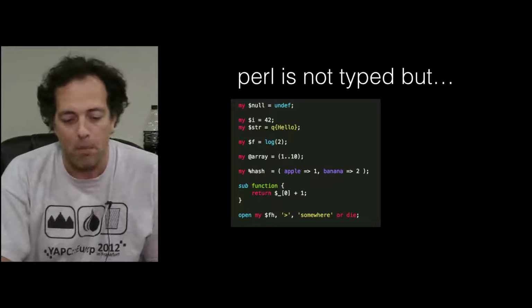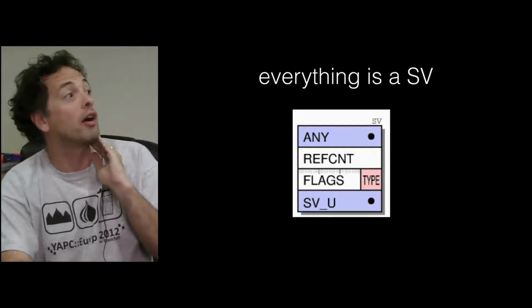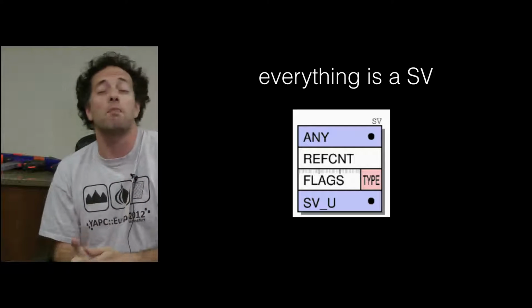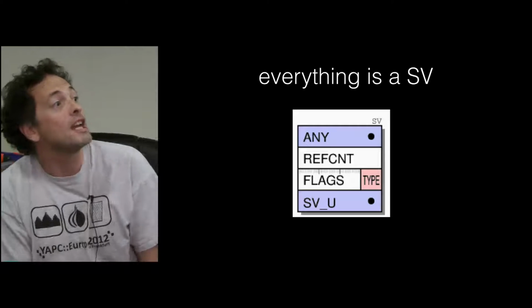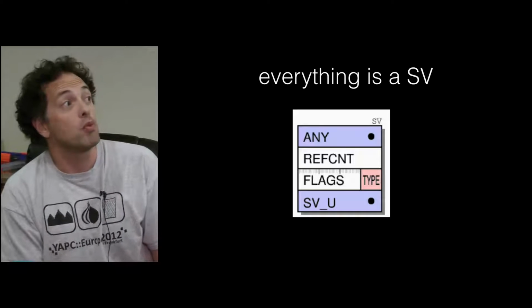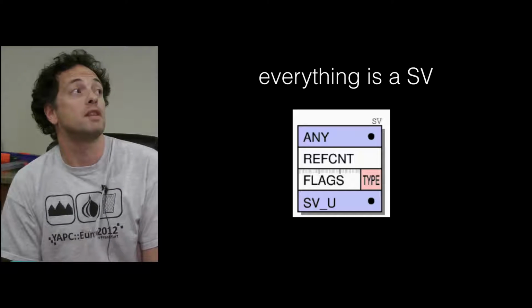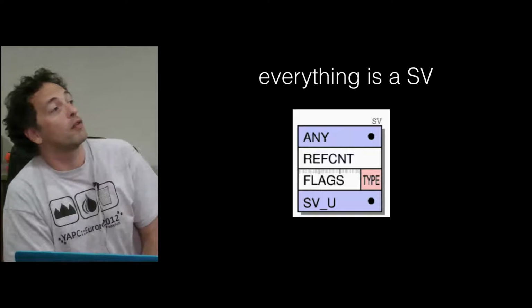Okay. But Perl is designed in C, if you're not aware. And everything in Perl, in fact, is an SV, which means a scalar value. An SV is designed like this. Mainly, you have the any, which is a pointer to the body of the structure.